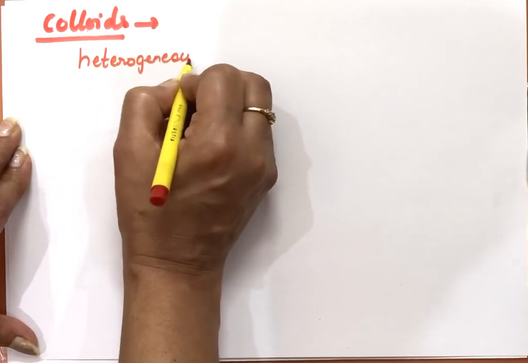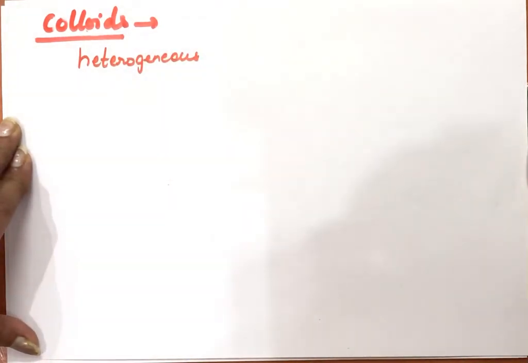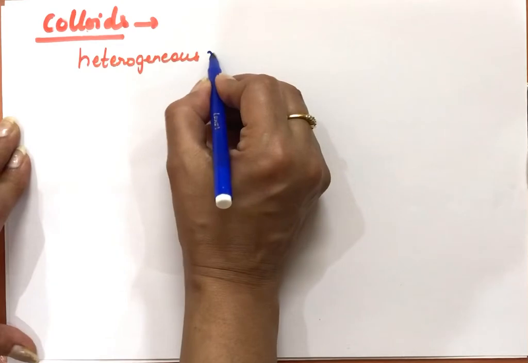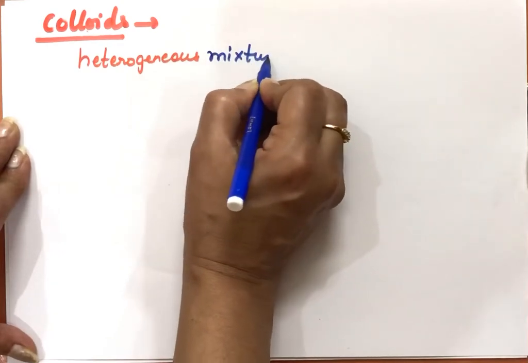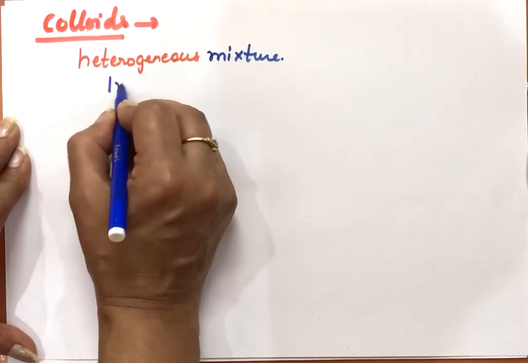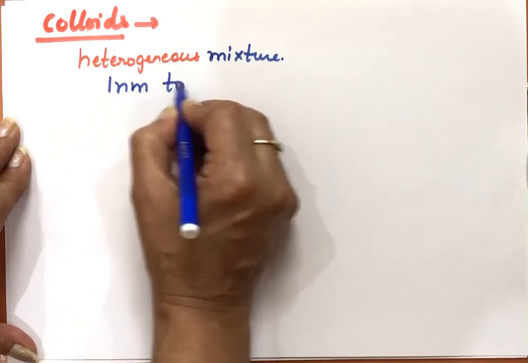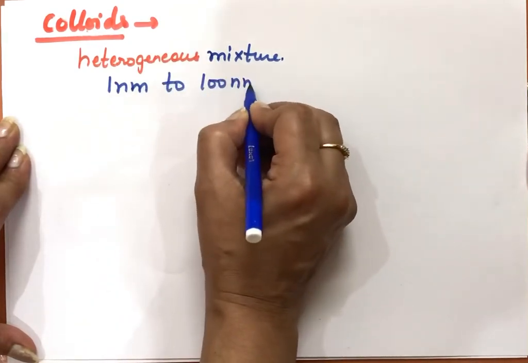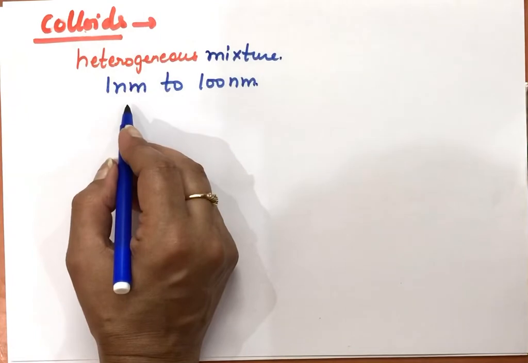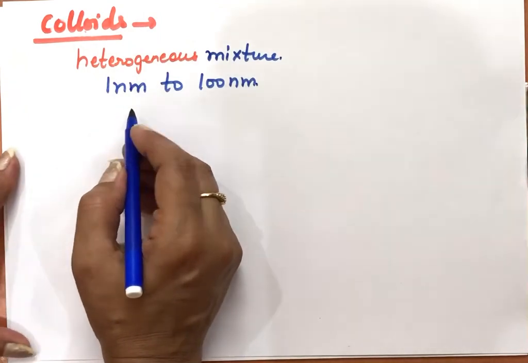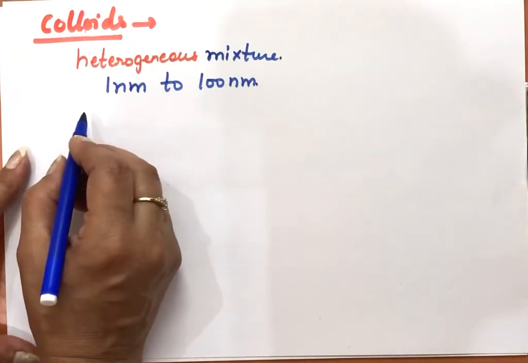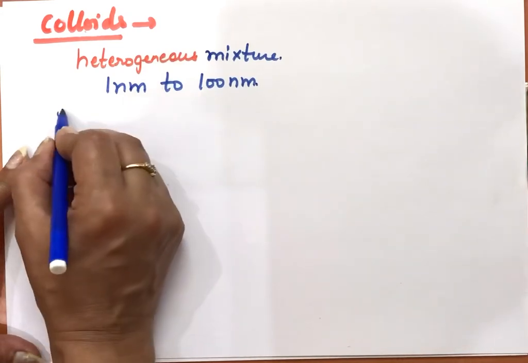One thing we remember: they appear to be homogeneous, but actually these are heterogeneous mixtures. Particle sizes are between 1 nanometer to 100 nanometer here. So it is between the true solution and the suspension. Here the particle size is a little bigger as compared to a true solution.